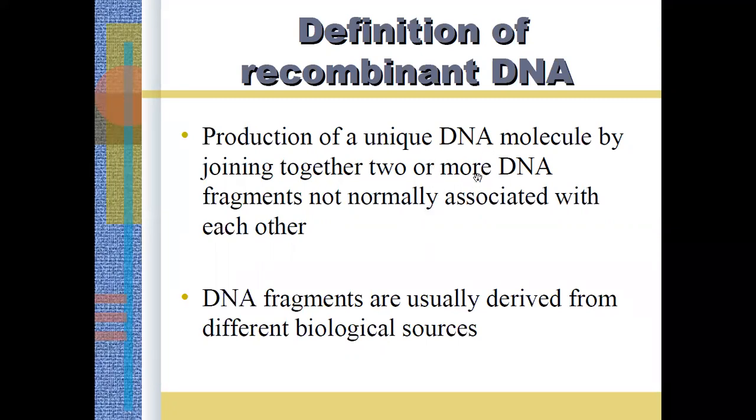When we create a recombinant by joining two or more DNAs which are not normally associated with each other, that type of DNA is called recombinant DNA. These DNA fragments which we use for the fusion are derived from different biological sources.